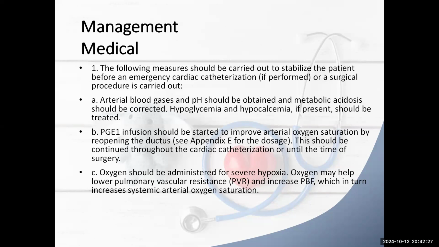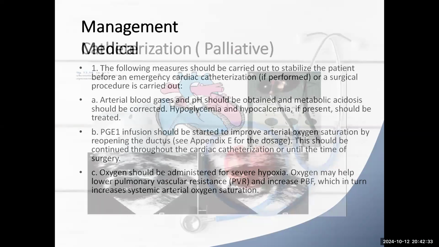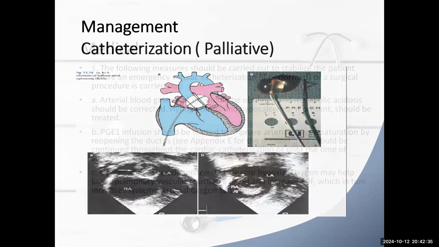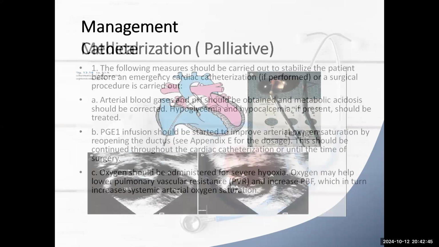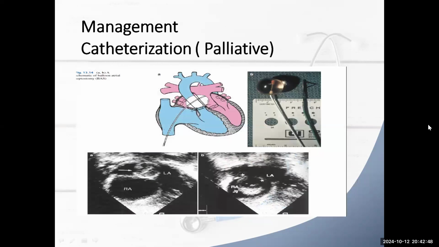If the patient is in or near a cardiac center, he can have an arterial switch operation. If he cannot have an arterial switch operation early, he can have another palliative maneuver, which is called Rashkind. What is the concept of Rashkind? Rashkind is what's called atrial septostomy.